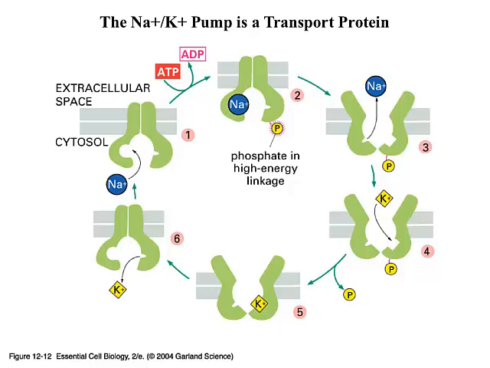Once it's dephosphorylated, the potassium is released after that conformational change that occurs as a result of the loss of the phosphate group. There are other enzymes helping to catalyze this dephosphorylation.